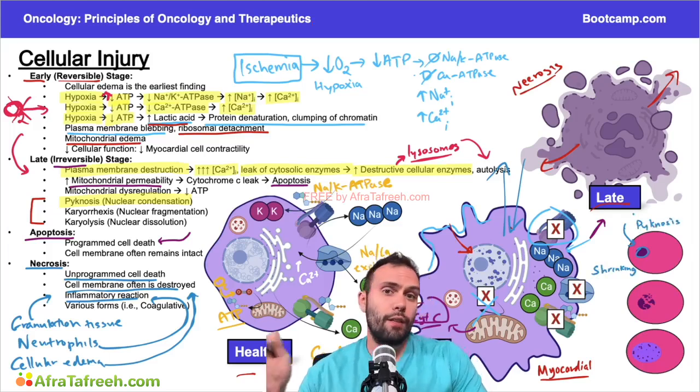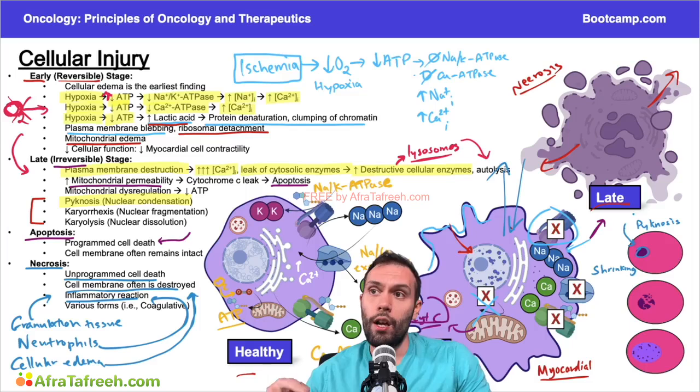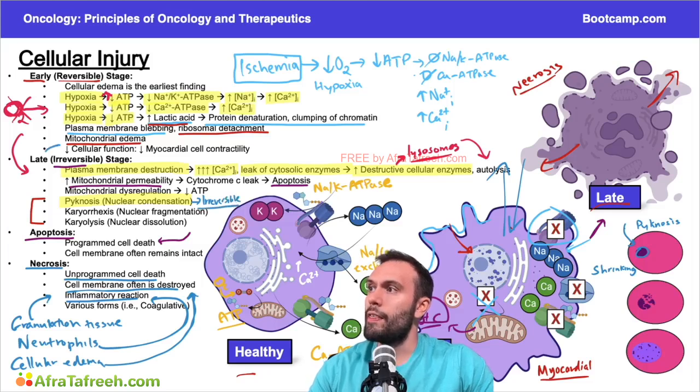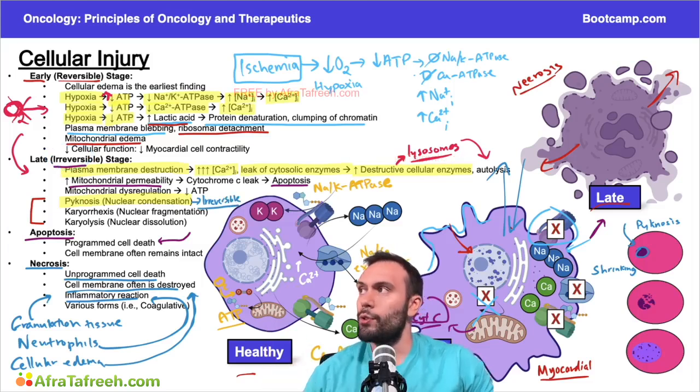And you might be saying, do we see this finding with apoptosis or necrosis? You can see nuclear pyknosis with either one, right? And the bottom line is, once you see this finding, this is the important part. Once you see this, this tells you that you're going down an irreversible path. So when you see nuclear condensation or pyknosis, that's telling you this is irreversible late stage injury. So that's also important to remember.